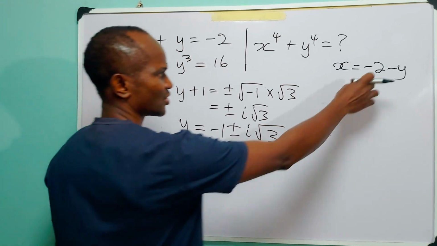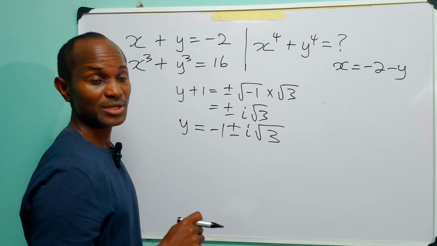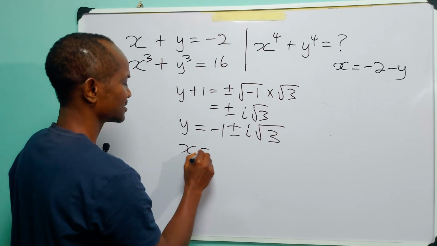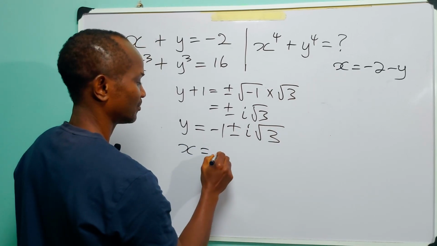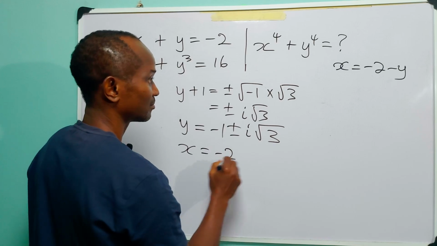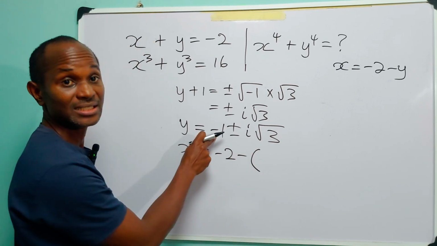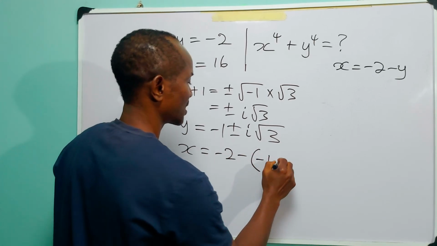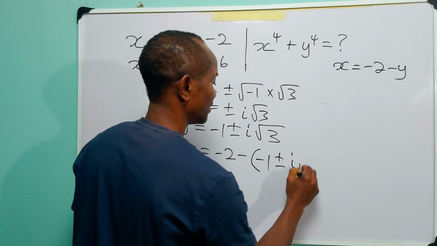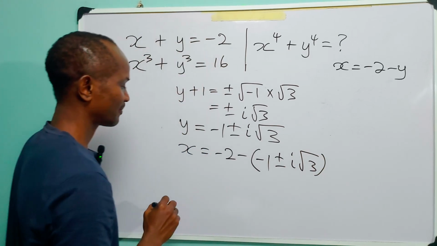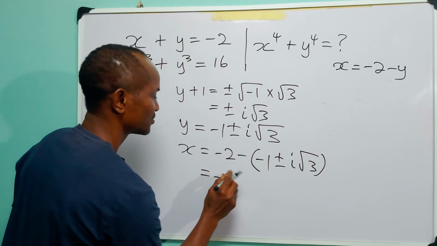Now, to find values of x, we remember this equation. So we have that x is equal to minus 2 minus, we have that this is y, so minus 1 plus or minus i root 3. This is minus 2.